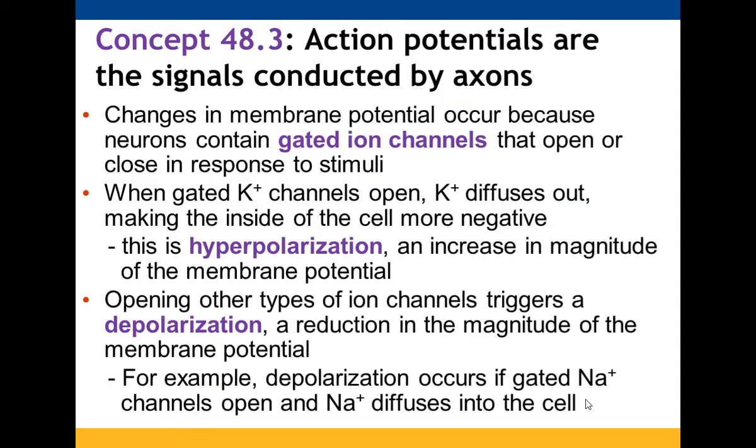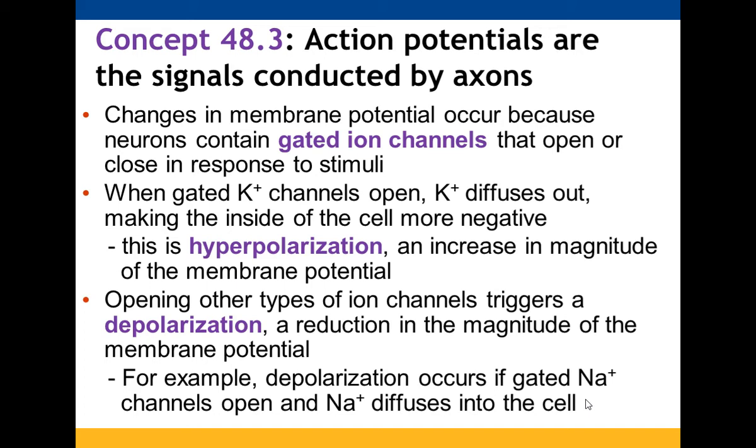Action potentials are able to be generated by the signals that are conducted via these axons, and they are able to take place because of these gated ion channels that will open and close in response to stimuli. When the potassium channels that are gated open up, potassium leaves, and that makes the inside of your cell have a more negative potential, and we refer to that as hyperpolarization.